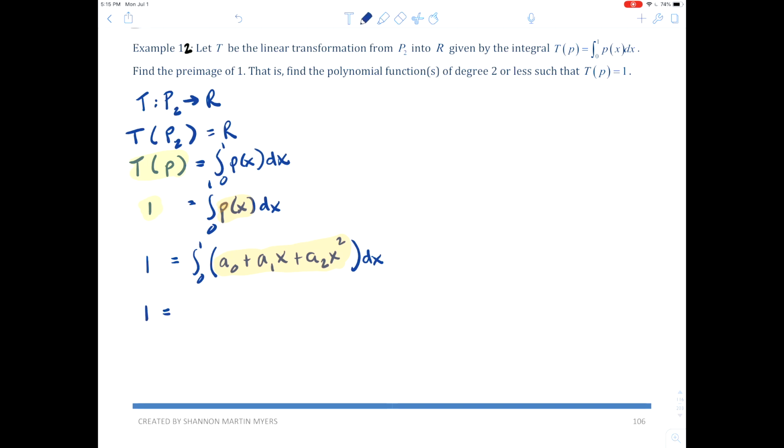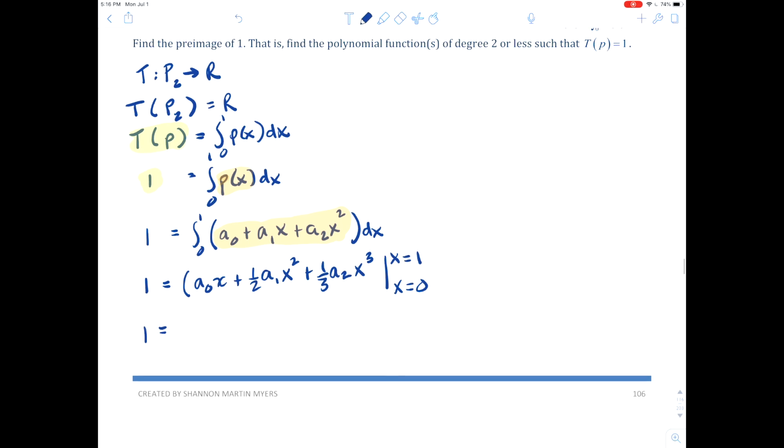You know how to do this, right? The a_i's you would hold as constant, and then you would integrate with respect to x. So you'd end up with a0 times x plus 1/2 a1x squared plus 1/3 a2x cubed. And that's evaluated from x equals 0 to x equals 1.